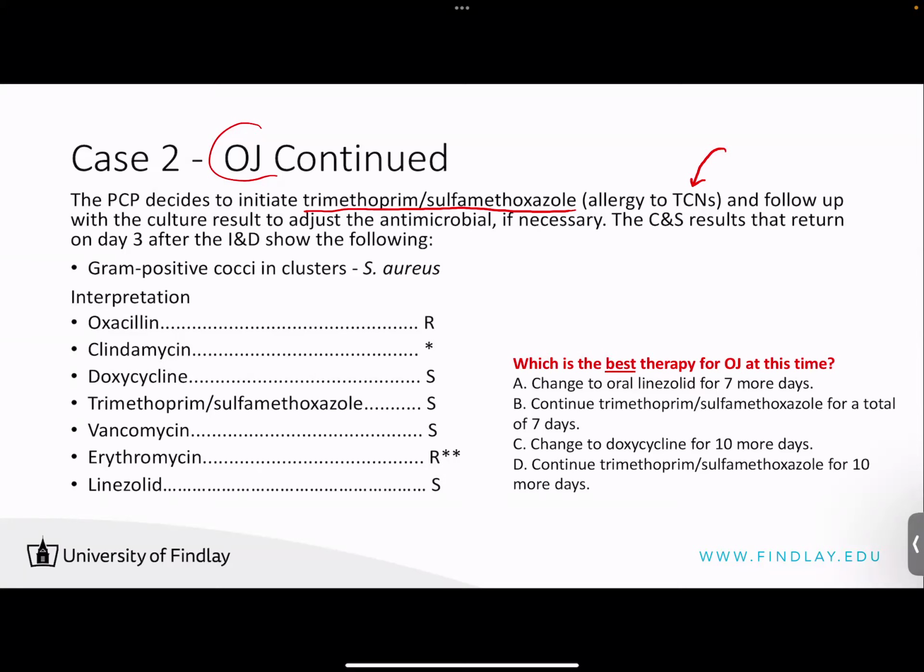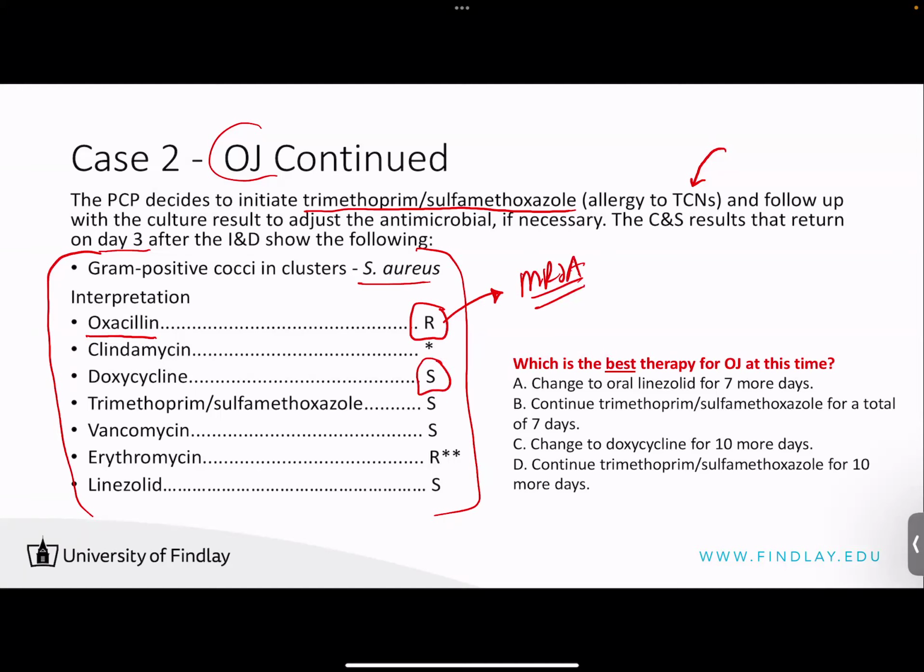So she's taking Bactrim twice a day, and after day 3, this is what the lab sends back. Gram-positive cocci in clusters identified as Staph aureus. It's resistant to oxacillin, so that tells you right away that it is MRSA. Okay.